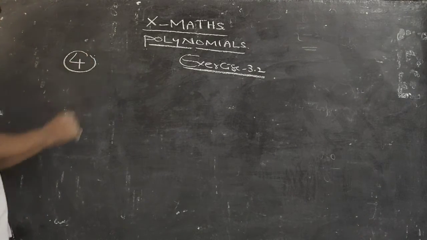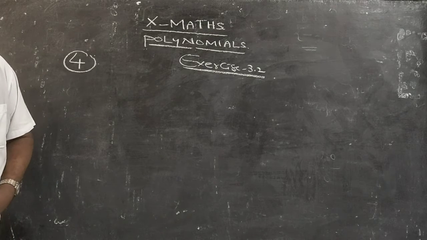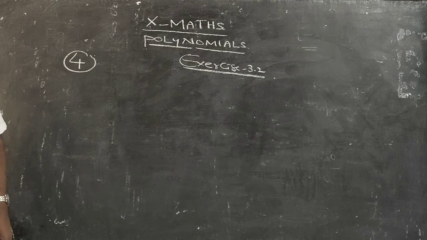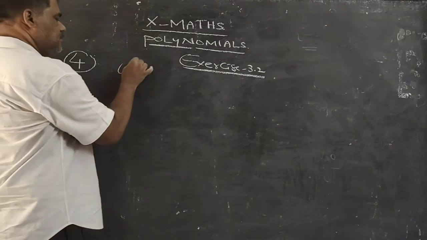Right, fourth problem. Why 1 by 4 and minus 1 are the zeros of the polynomial.